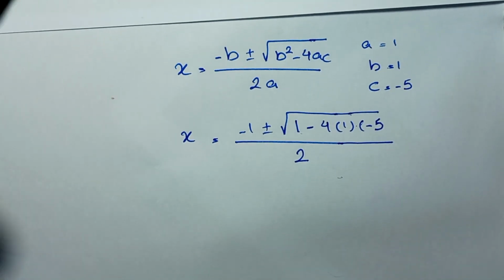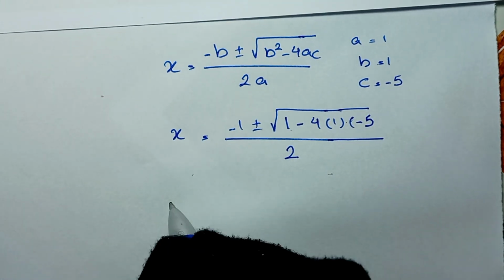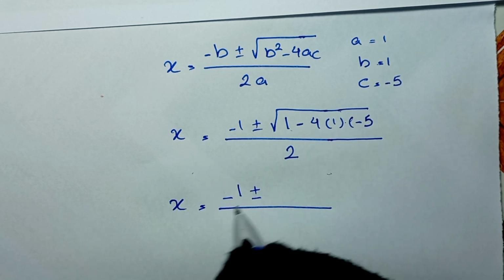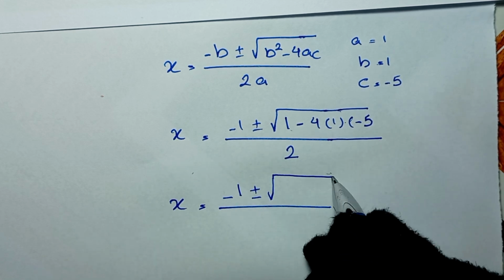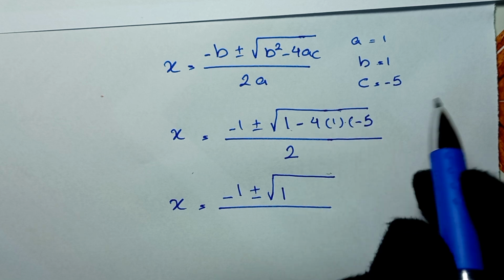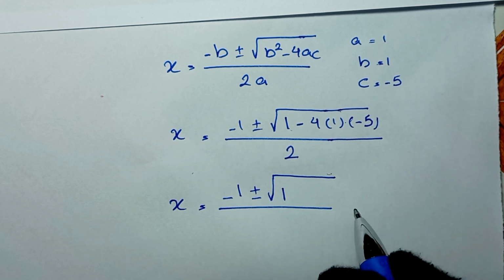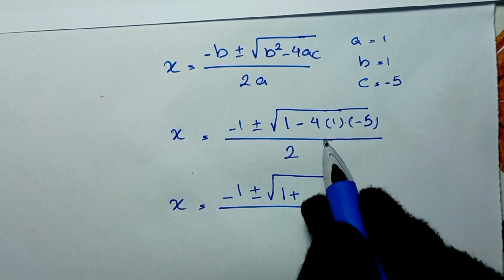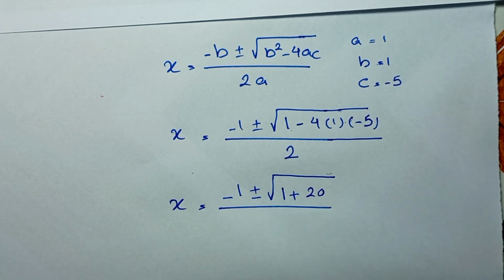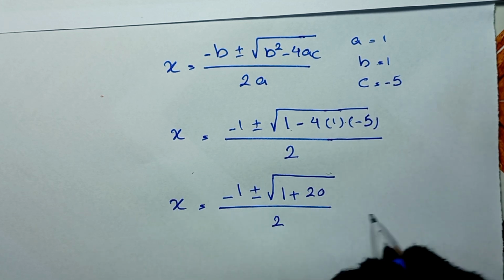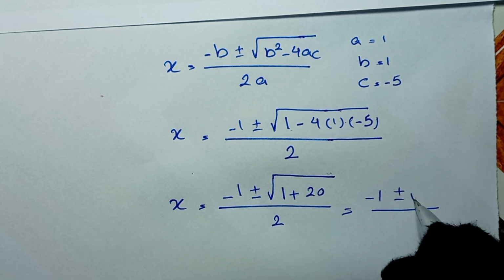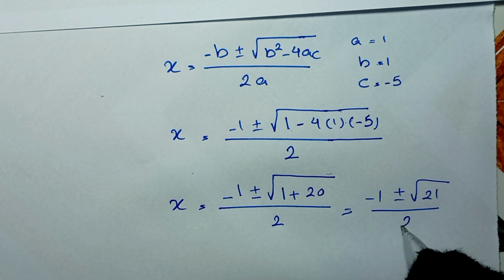And it will be x is equal to negative 1 plus or minus square root of 1, negative times negative will be positive, and 4 times 1 times 5 will be 20, over 2, and it will be negative 1 plus or minus square root of 21 over 2.